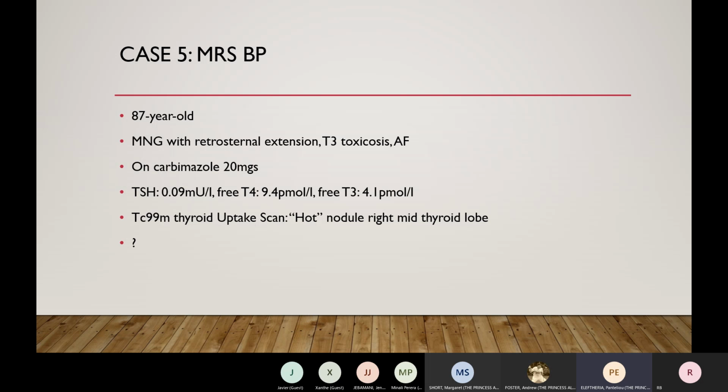And in autonomous nodules, sometimes we see, although obviously they are benign, well differentiated, a hyperfunctioning adenoma, sometimes their function can divert from normal thyroid tissue. So the ratio between T4 and T3 can be different. And as a result, they have a T3 toxicosis rather than T4, T3 toxicosis, as you would typically see in a Graves patient.